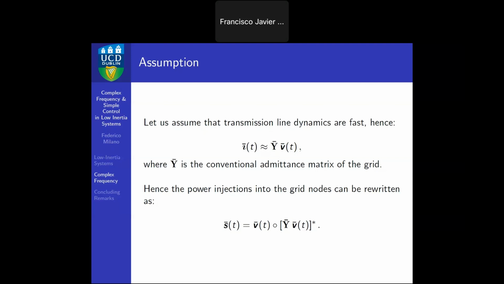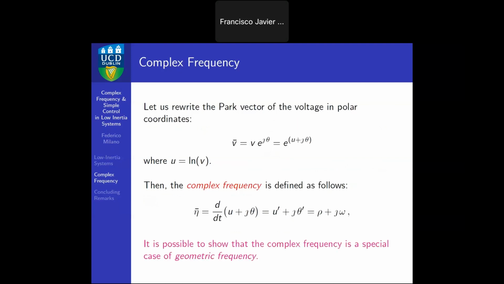The difference is so minimal that it is, in fact, a very good approximation. So with this hypothesis, I can write the currents in this way. There is no time dependency here. That's the only approximation. Everything else of the model is whatever you have for the machines and the converters.